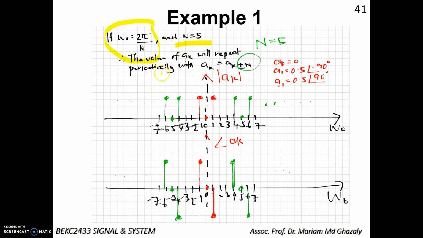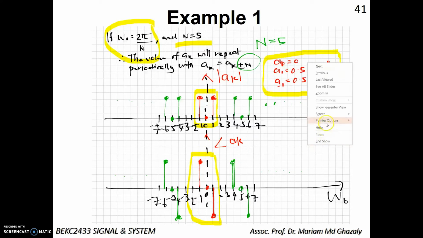So how are you going to plot this? It's very simple. You use the same values that you have calculated in the previous example: a0, a1, a minus 1. You need to repeat the plotting for ak plus minus n. The one that we plotted just now is in the red color.